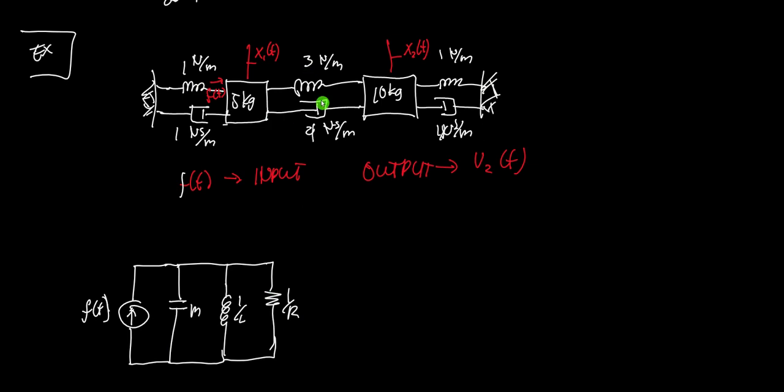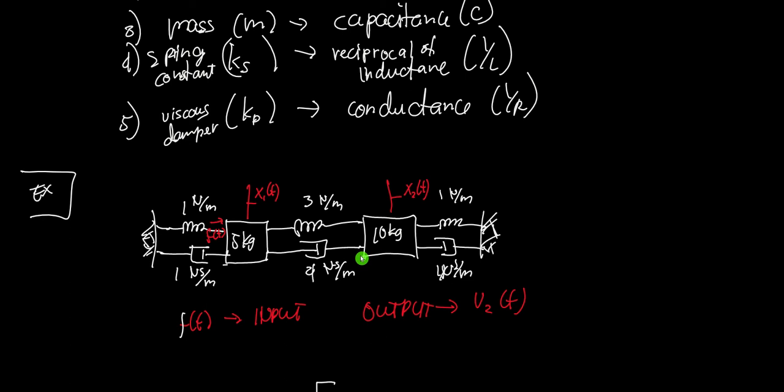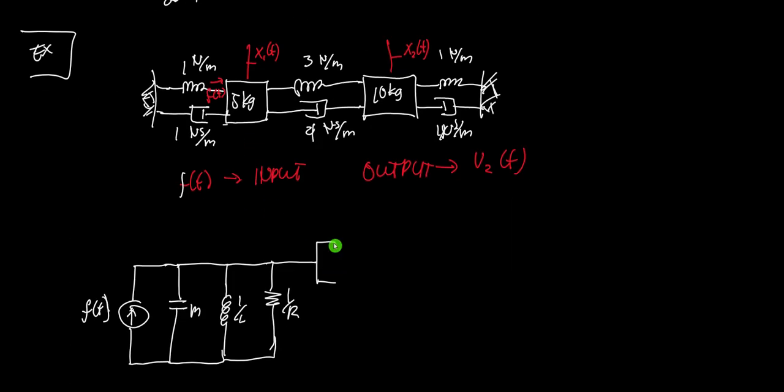And now, before in the force voltage, we connect them in the common in this position. But this time, we connect them in series. So this will be in this format. We have the two components, the spring constant and the damping. So the spring constant, reciprocal of the inductance, and the damping is just the conductance.